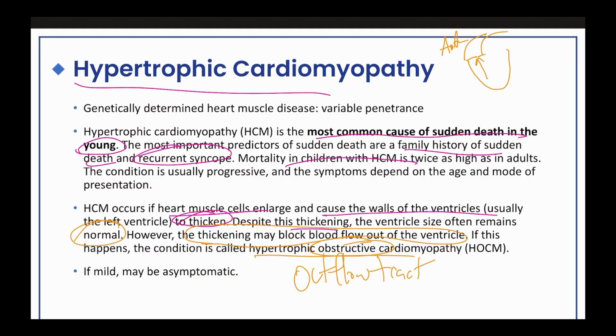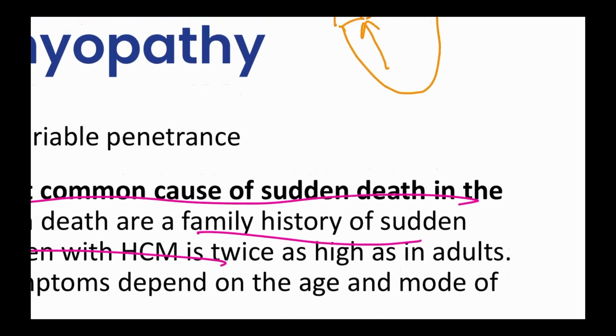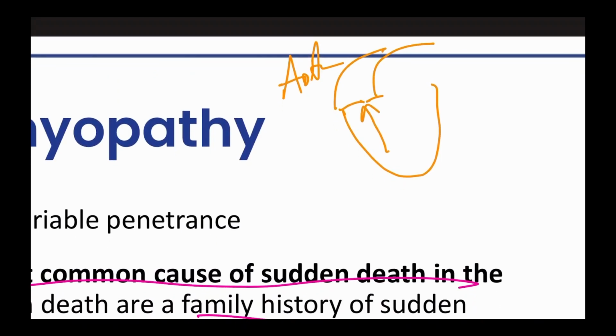This is the outflow tract normally. But in this case, they have a thickened septum and a thickened heart. You see how this outflow tract now is reduced in size because of the thickened septum?